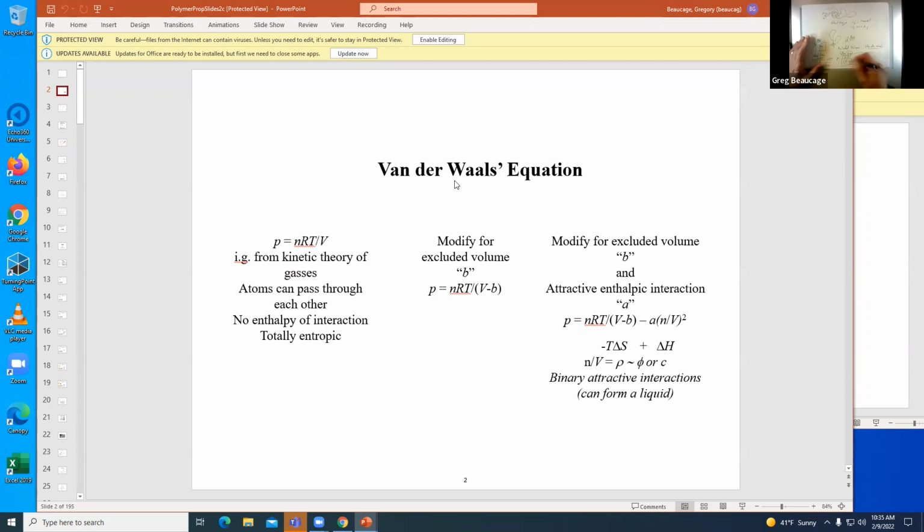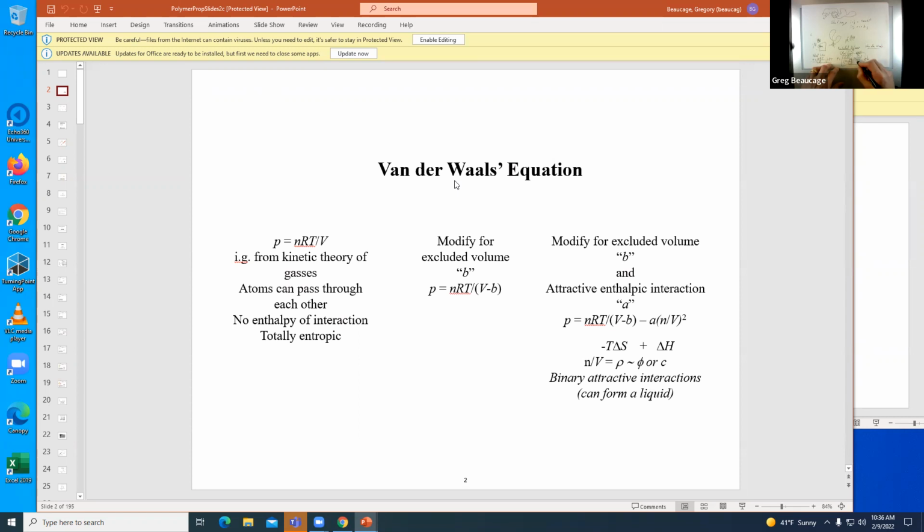Everything after that is just little twists to this to make it a little bit better for polyolefins, or distillation, organics, whatever. So that's kind of the key to the thing. This term is excluded volume, and van der Waals invented it, and then this thing is going to be enthalpy, binary interactions. You have density squared because there are two things interacting, like 1 and 2, or i and j interacting with each other. They have an attraction.